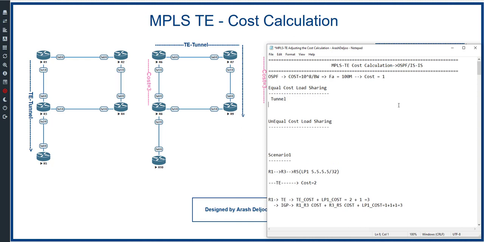When we have a tunnel and also one IGP path, and both of them have the same metric, M1, which is 3 in this example, for a destination on the tunnel tail, we are using only the tunnel path, the TE tunnel.